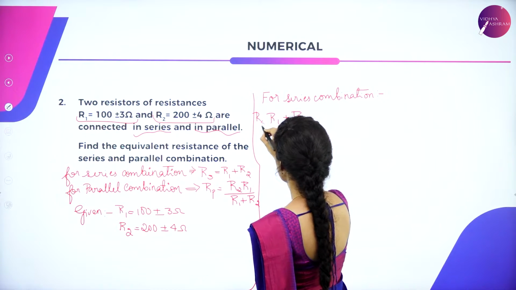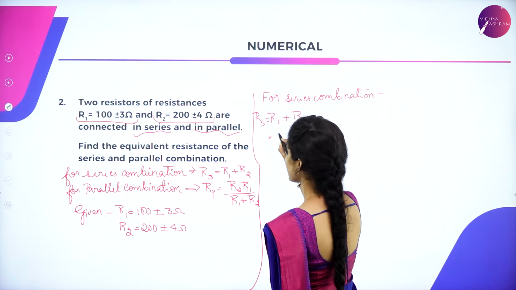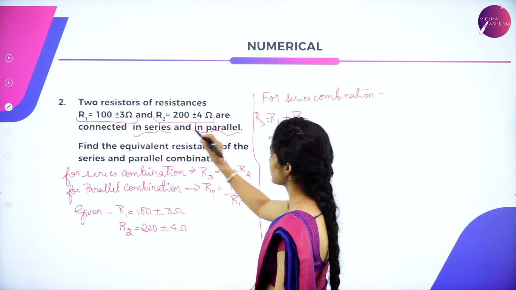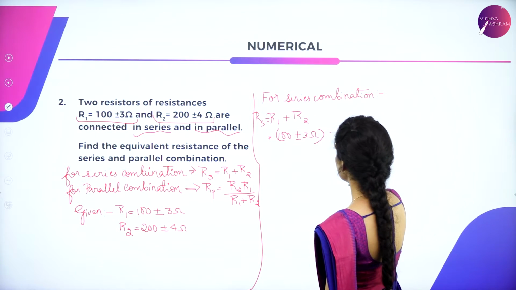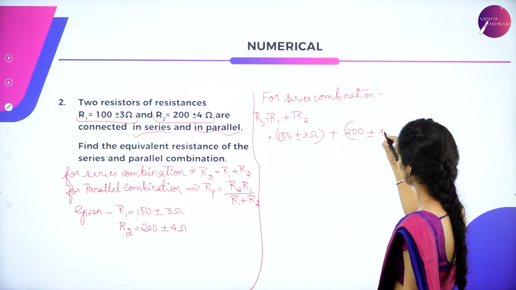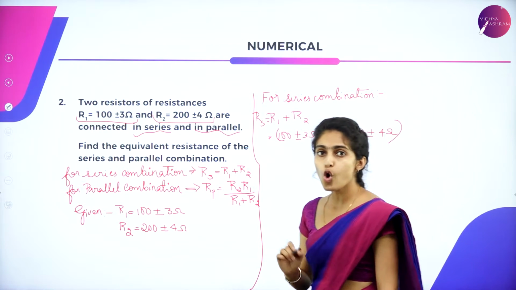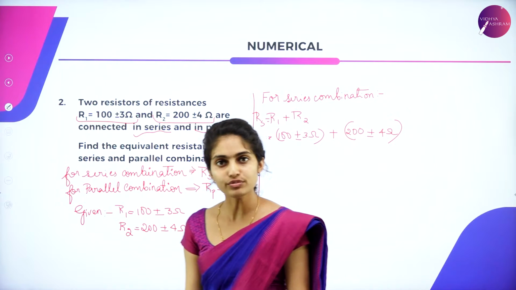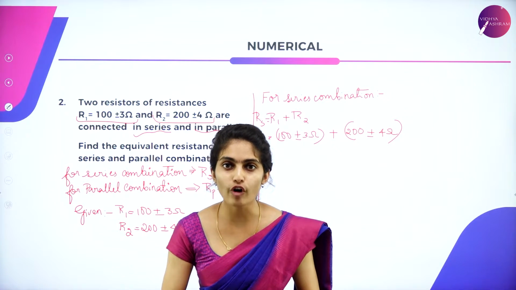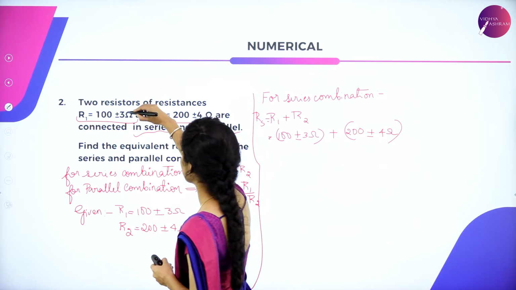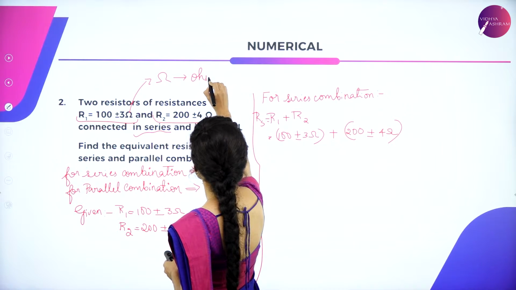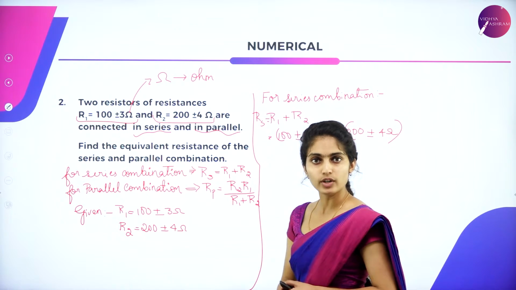That is, for series combination it goes like 100 plus or minus 3 ohms, that is R1, and R2 is plus 200 plus or minus 4 ohms. Ohm is the unit of resistance, given by the symbol Ω, ohms.